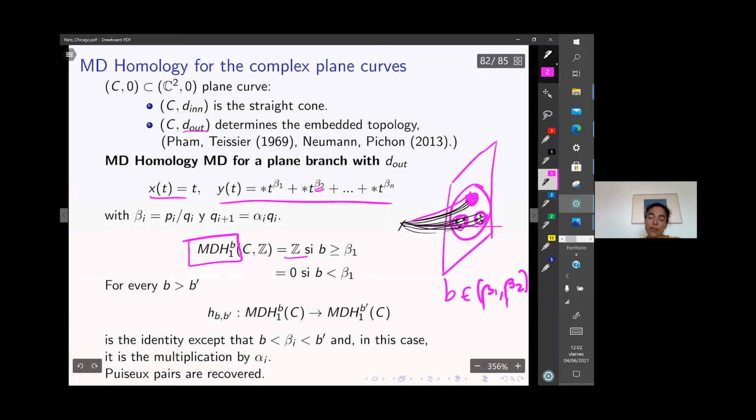Then what you get is also like S1, so the homology will always be that of S1.